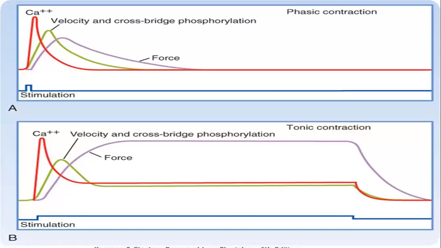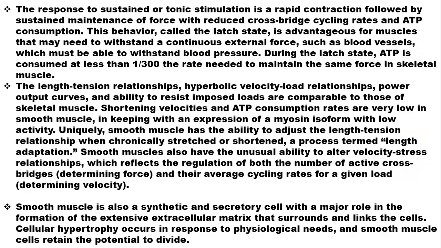Now in this figure, you can see the force and velocity relationship, the phasic contraction and the tonic contraction. The response to sustained or tonic stimulation is rapid contraction followed by sustained maintenance of force with reduced cross-bridge cycling rates and ATP consumption.